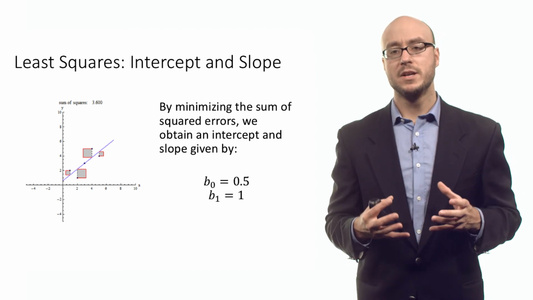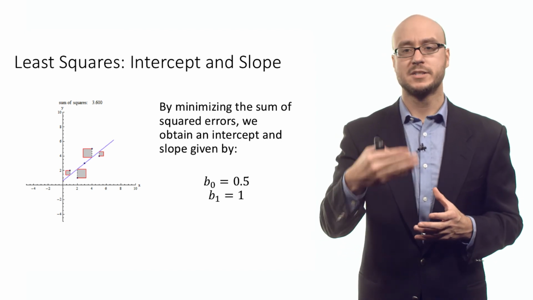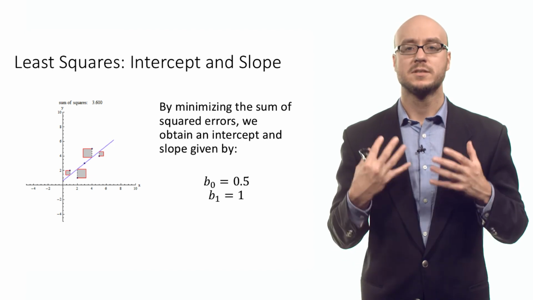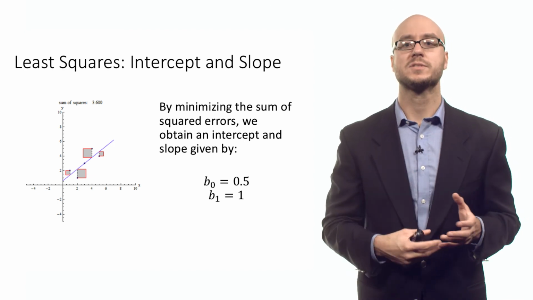And the least squares method, as we'll explore in the coming sections, has several nice statistical properties in terms of the residuals, in terms of the values of the intercept and slope, and also in terms of various other properties of our line. And it's those properties that we'll explore in just a moment.